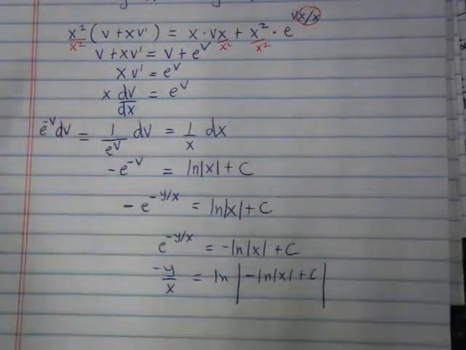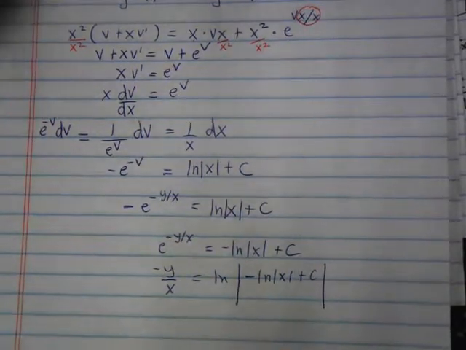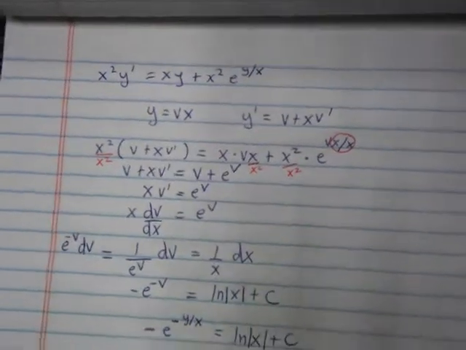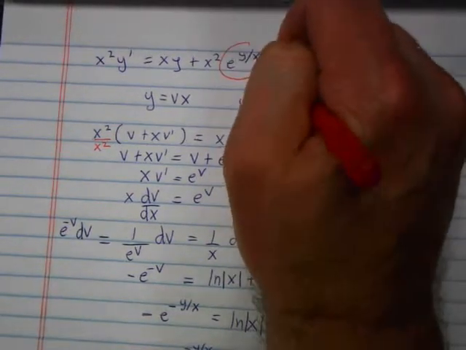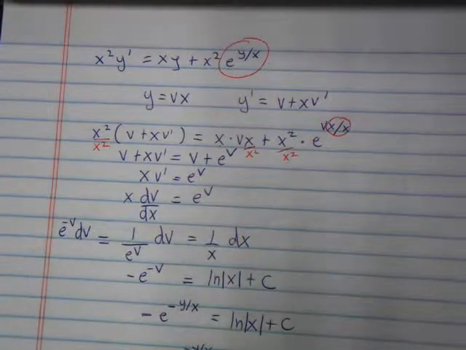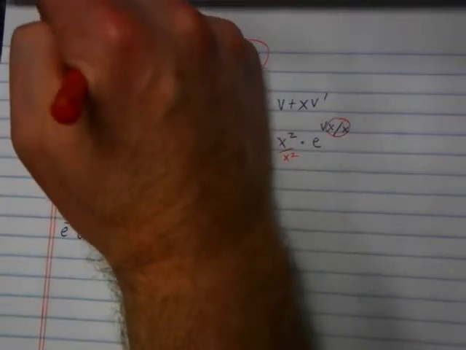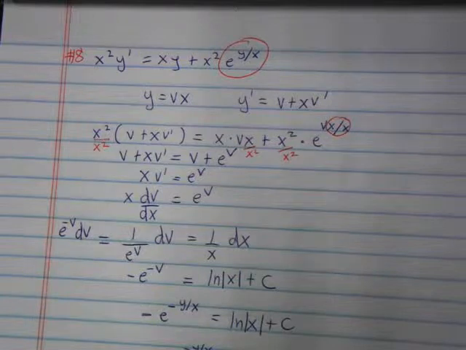So notice the original problem had an e in it. Oh. So there's the e in the original problem. This was number 8 out of the book, in case you're curious. It started with an e in it. I didn't multiply by an e. It was there. Okay, so that's homogeneous.